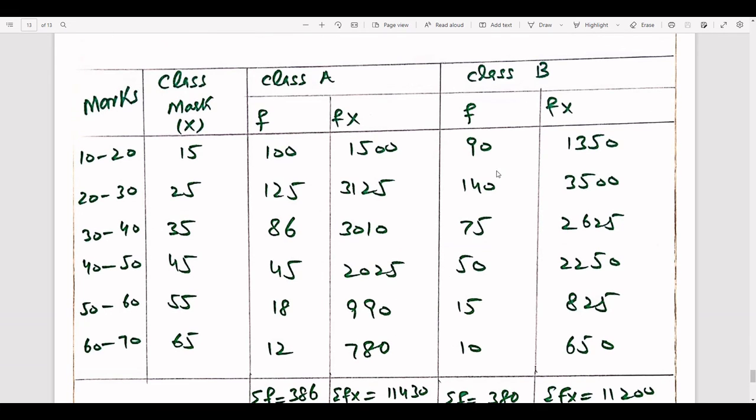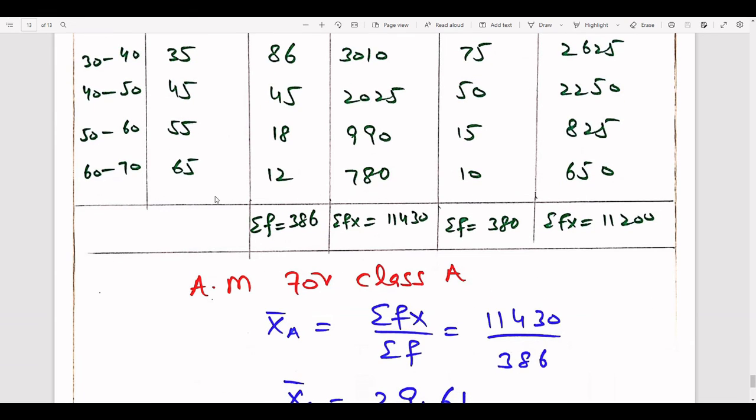For group B, frequency 90 multiplied by 15 is 1350. 140 multiplied by 25 is 3500. 75 multiplied by 35 is 2625. And so on, 10 multiplied by 65 is 650. So here are the sum of f and sum of f of x for class A, and the sum of f and sum of f of x for class B.